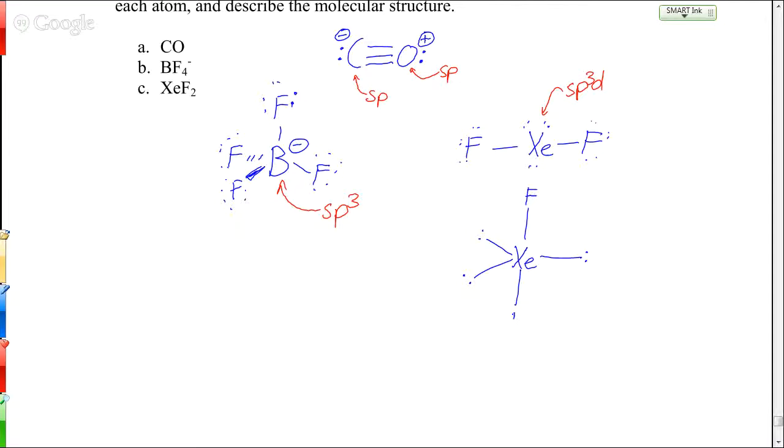That leaves the 2 fluorines on the axial positions, and that gives us ultimately a linear structure. If there were only 4 groups, like in water, then the 2 electron pairs would be farthest apart from each other by going on 2 corners of the tetrahedron, leaving the 2 hydrogens on the other corners.